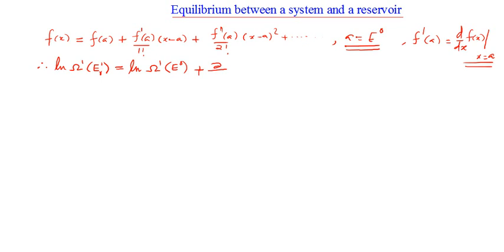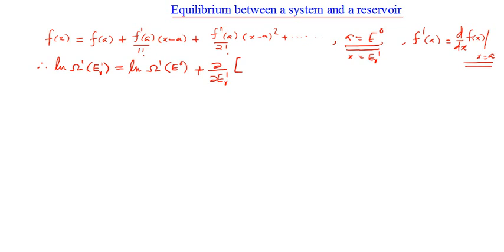So I can say dou by dou er prime. Just see that er prime is x, a equal to e naught, and x equal to er prime. Keep this comparison always in your mind. So it will be dou by dou er prime of the function f of x.